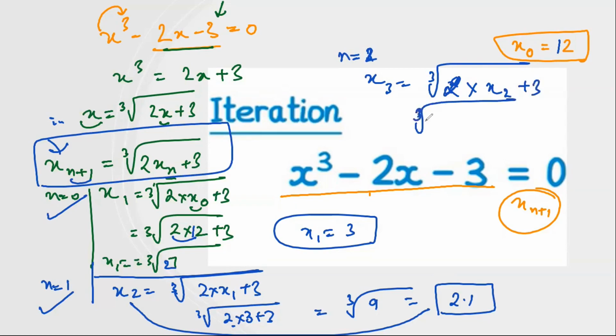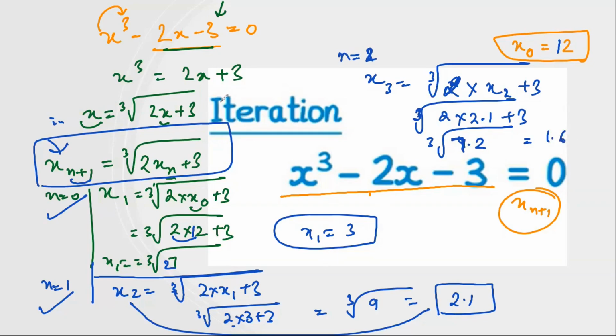So cube root of 2 multiplied by 2.1 is 4.2, plus 3 is 7.2, right? So it is less than 8, so it's, let's say, 1.6 we can take. So cube root of 7.2, use the calculator. I'm just using my mind only. It's near about 1.6 or 1.7.